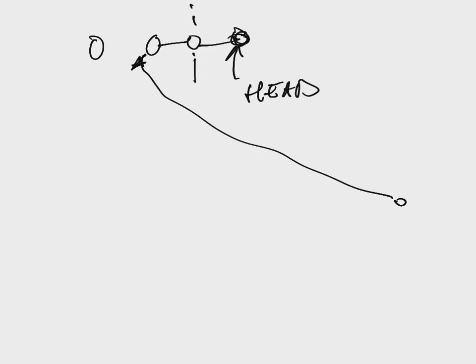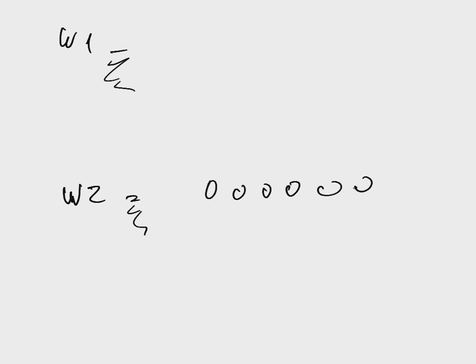So the lifeline in this case looks like this. Workspace 1, workspace 2, some files here, and git version, commit, commit, commit, commit, commit, commit. And that was also pushed to the remote repository.